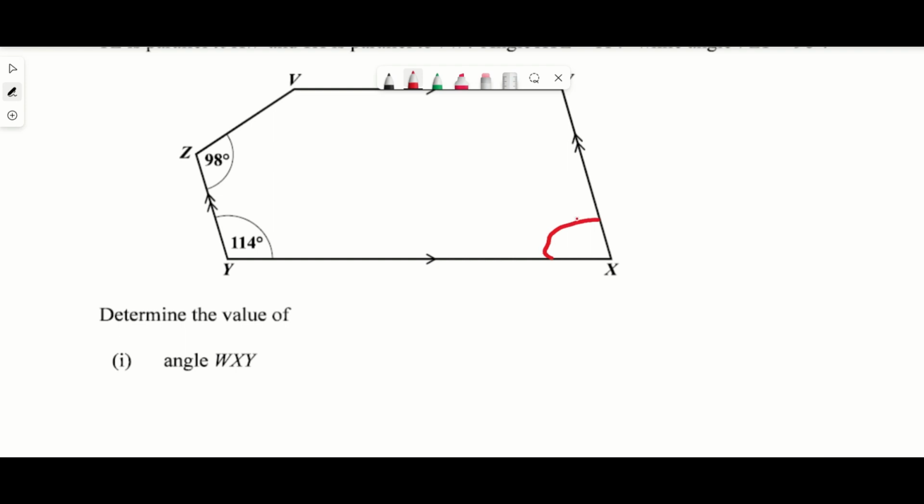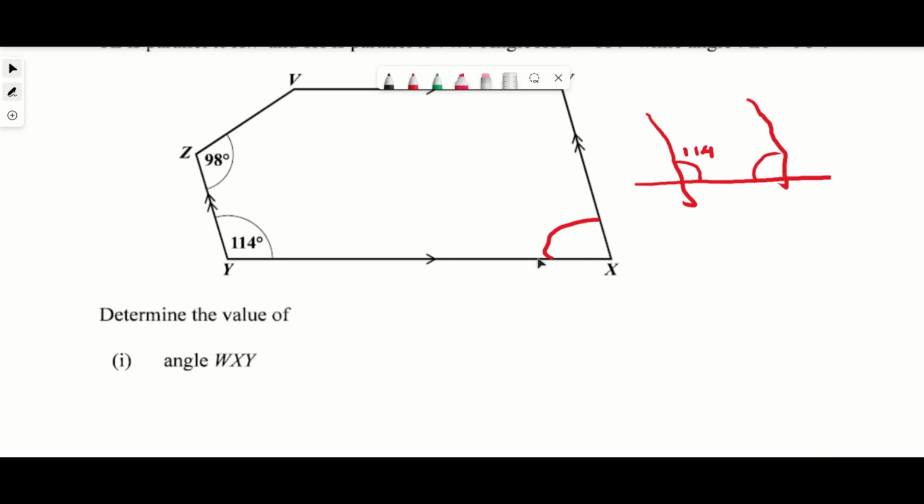Now, what you need to recall is if we have two parallel lines, which we do, parallel lines YZ and XW, intersected by a transversal line, that line being YX, these two interior angles, when you add them up, it's going to be 180. So if this here is 114, we can calculate this angle here.